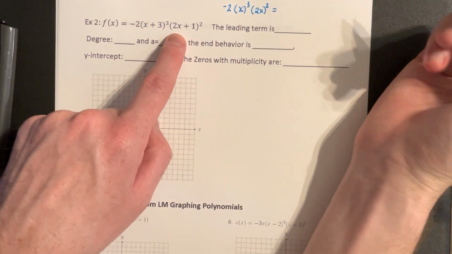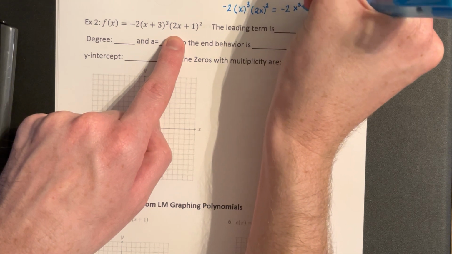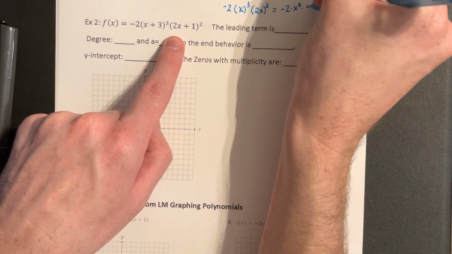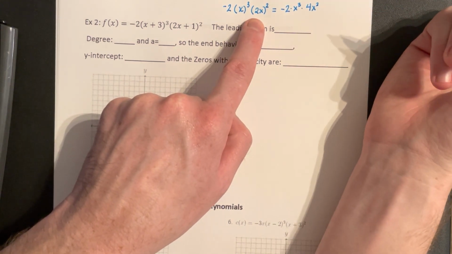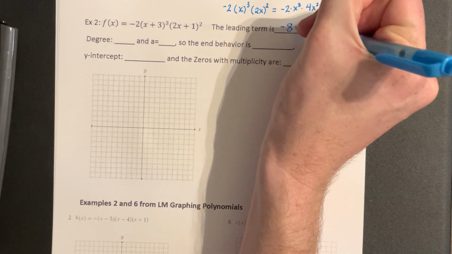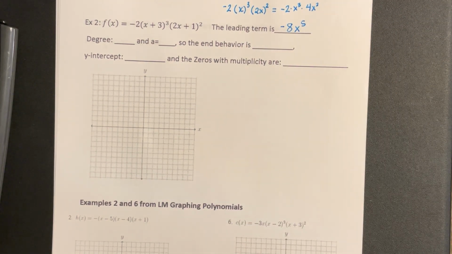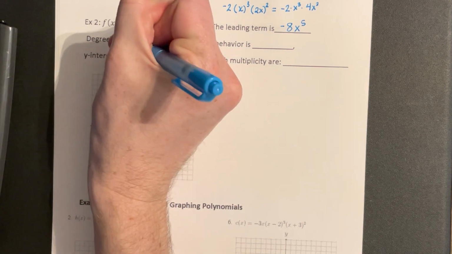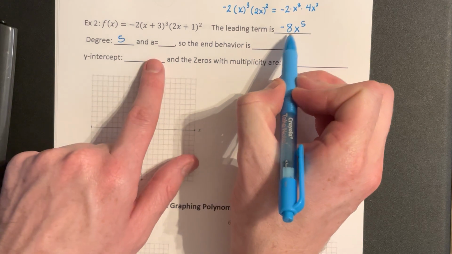With the 2x, let's pay attention because that's going to be 2 times x cubed times 4x squared. This squared is multiplying 2x times 2x. And then that's a total of -8x to the fifth degree function with a leading coefficient of -8.